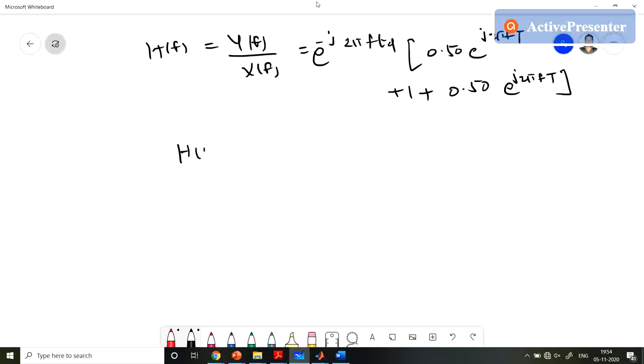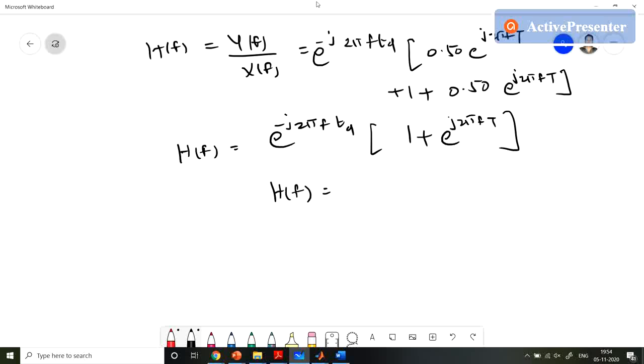So H(f) is equals to e^(-j2πf td) times [1 + e^(j2πfT)], and this H(f) is equals to e^(-jω td) times [1 + e^(jωT)].